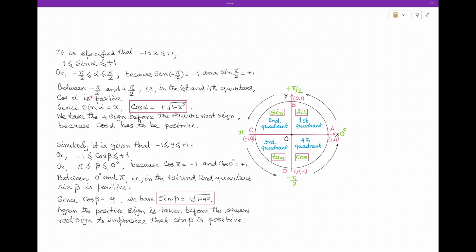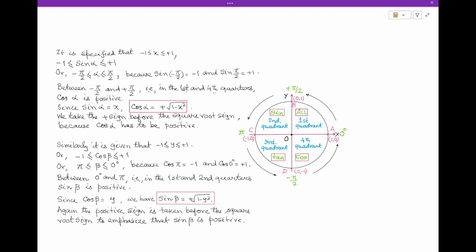Between minus pi by 2 and plus pi by 2, that is in the first and fourth quadrants, cos alpha is positive. Look at the diagram here. This is the first quadrant and this is the fourth quadrant, and the first quadrant is between 0 degrees and pi by 2, and the fourth quadrant is between minus pi by 2 and 0 degrees.